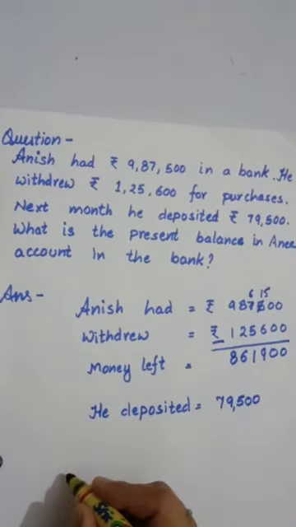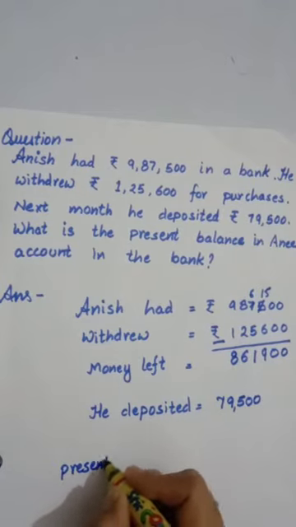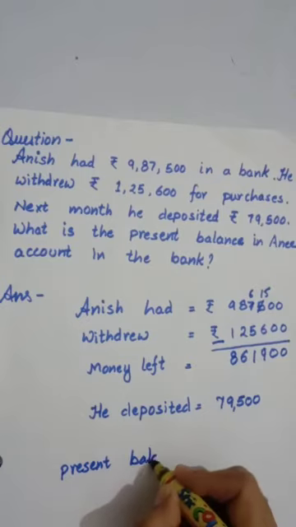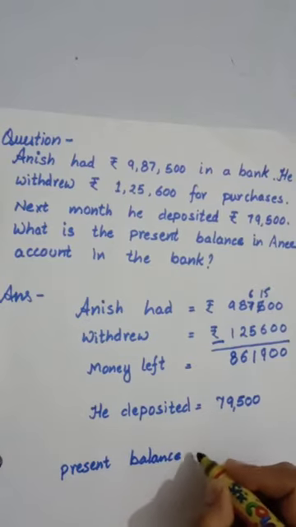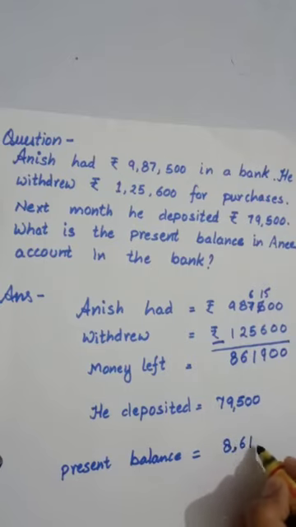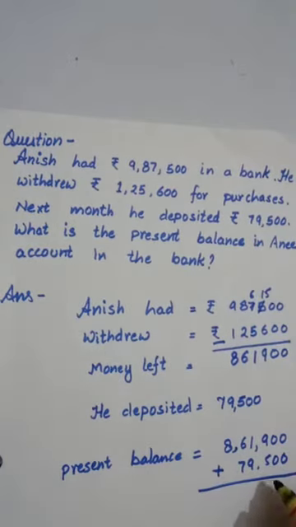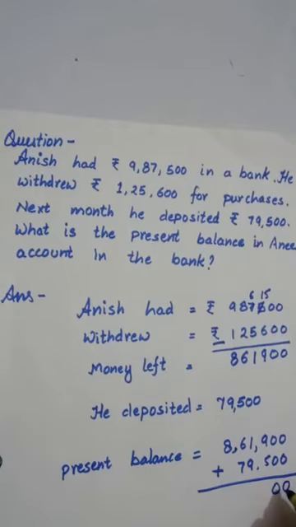So the present balance in his account is 8,61,900 plus 79,500. Okay, after adding these numbers, we will find the amount.